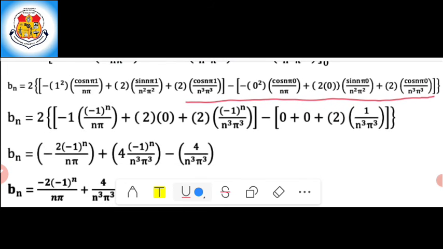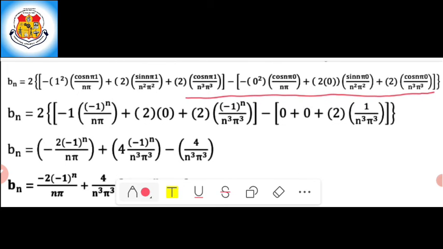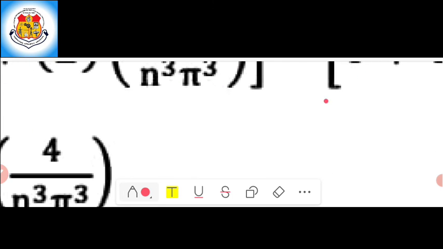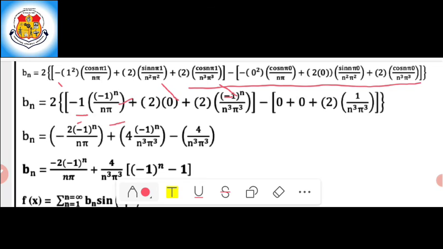By applying the limits, the minus sign stays as it is, 1² is 1, and cos nπ is (−1)^n divided by nπ. We know the value of sin nπ is 0. Here the value of cos nπ is (−1)^n divided by n³π³, times 2, minus the terms where 0 is multiplied, which become 0, and here also 0.